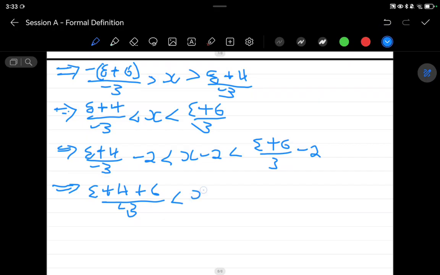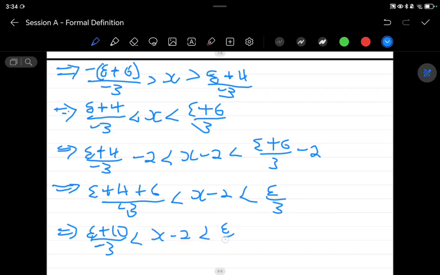And for the other side, 3 times 2 is 6, 6 minus 6 is 0, so I'll be left with epsilon over 3. You can try this computation on your own. So this will be epsilon plus 10 over minus 3 less than x minus 2 less than epsilon over 3.